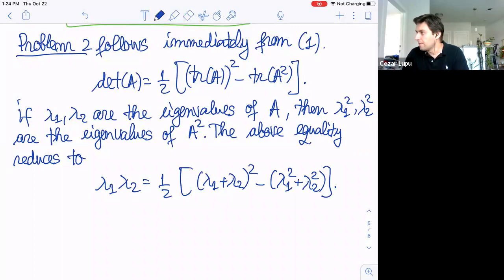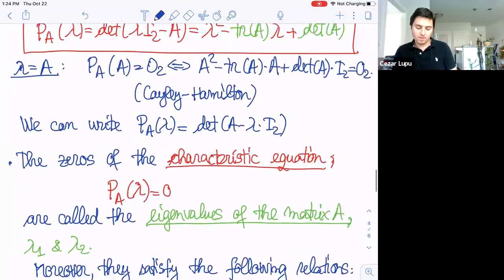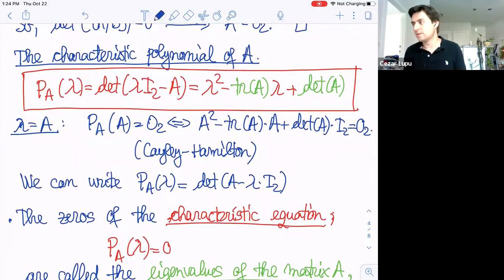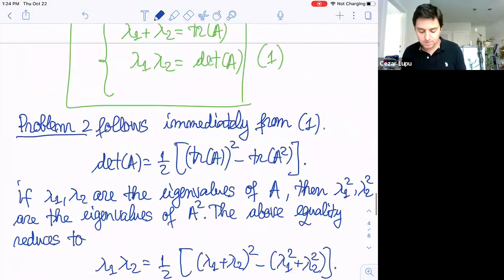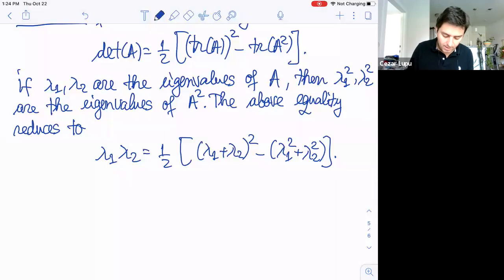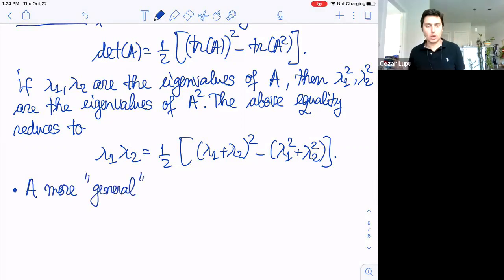All right, now what if I want to generalize things a bit? I'll call this a more general formula for the characteristic polynomial.